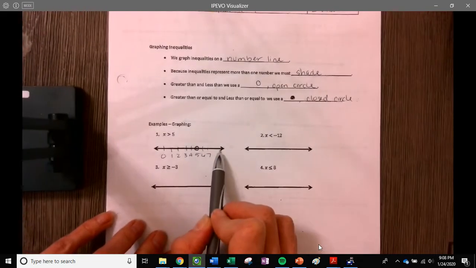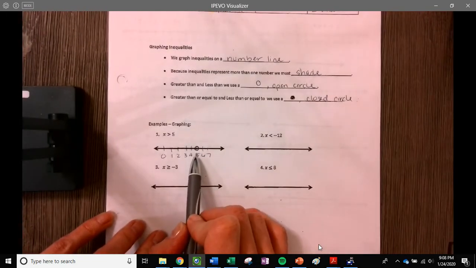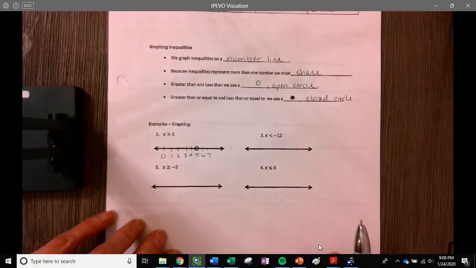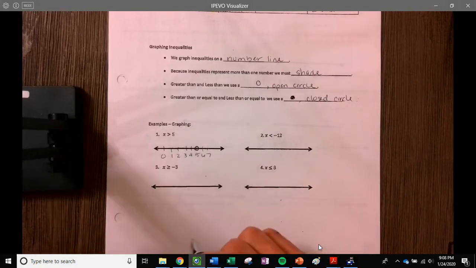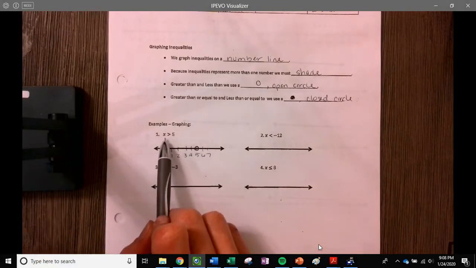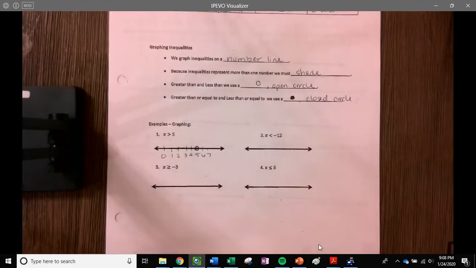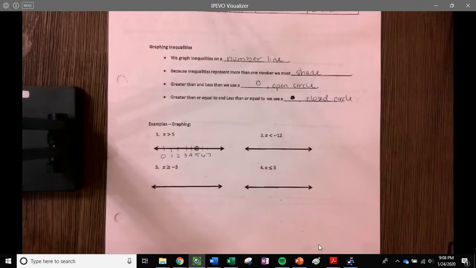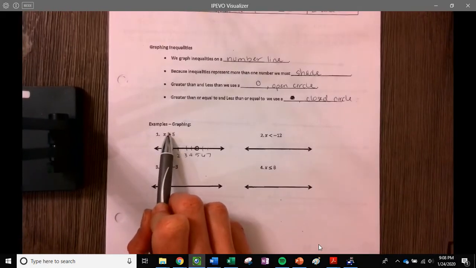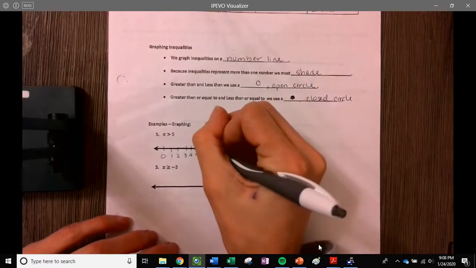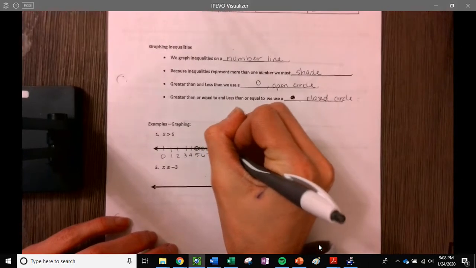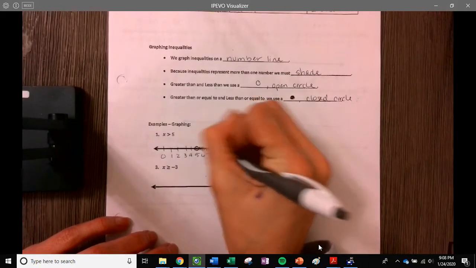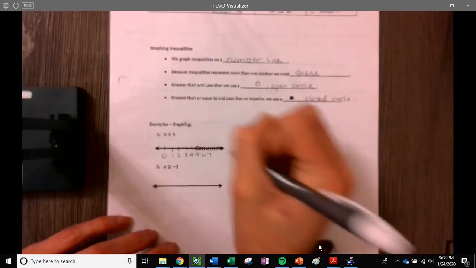Then we need to shade to represent that, because right now all this number line is telling me is that x is 5. There's just a dot on 5, but I need to shade. When your variable is on the left-hand side of your inequality sign, then you shade in the direction that the arrow is pointing. X is greater than 5, so we shade this way, towards all these positive values that are bigger than the number 5.